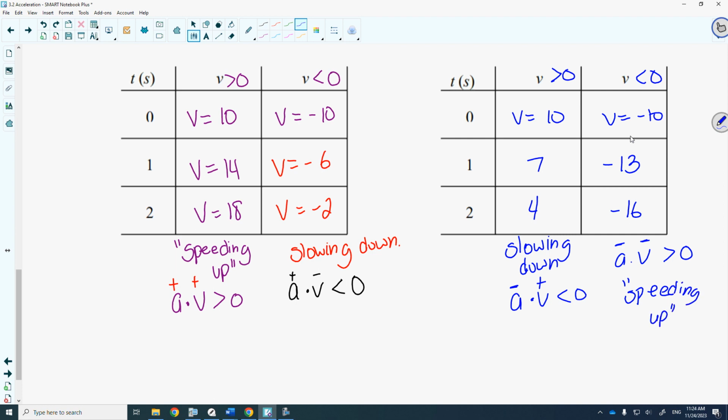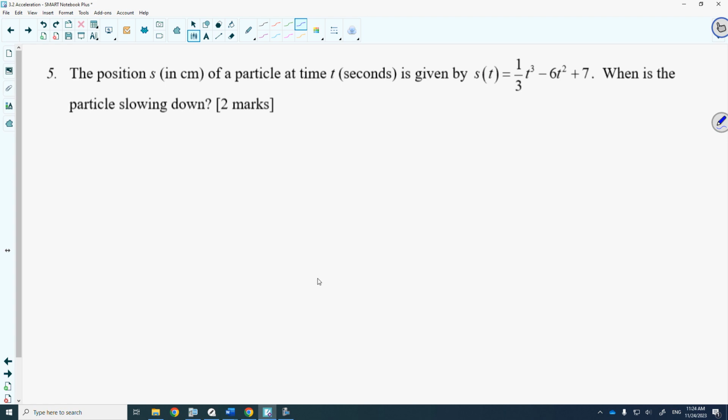Okay, I'll show you how this would relate to a question. On the quiz that I gave you, look at the very last question on the quiz, which would be this guy. The position of a particle is given by this position time function formula here. When is the particle slowing down?